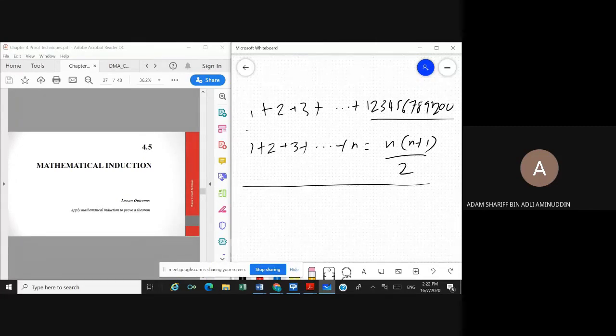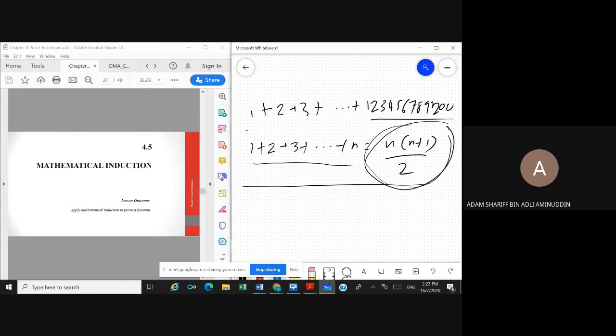How do you prove something that is infinitely large but still can be summed up to a single integer here? Very interesting, actually. The summation is infinite, but the answer is a single integer.